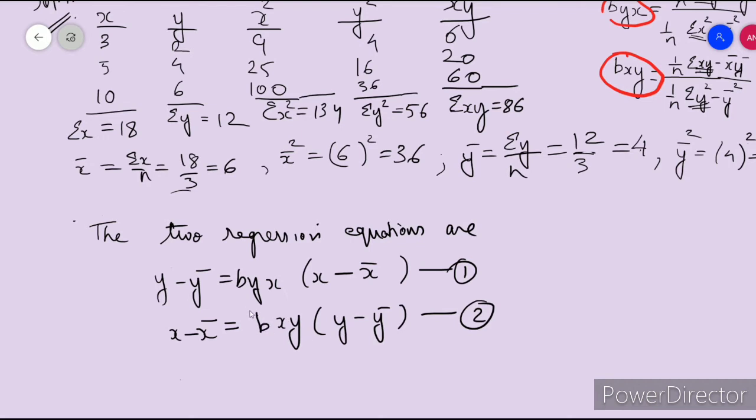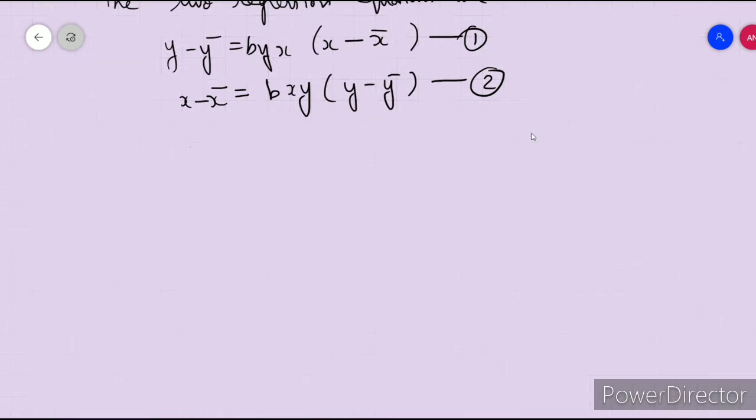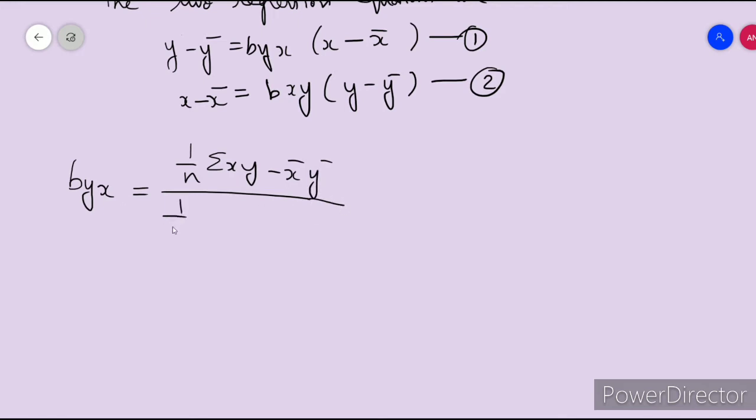So now we will first find out the value of the regression coefficient of y on x. We already know the formula. So now the next step is just to substitute the values in the formula.